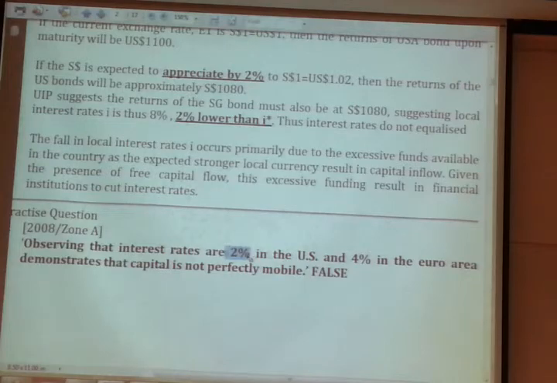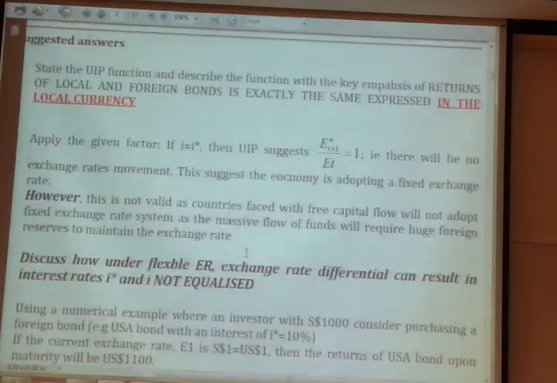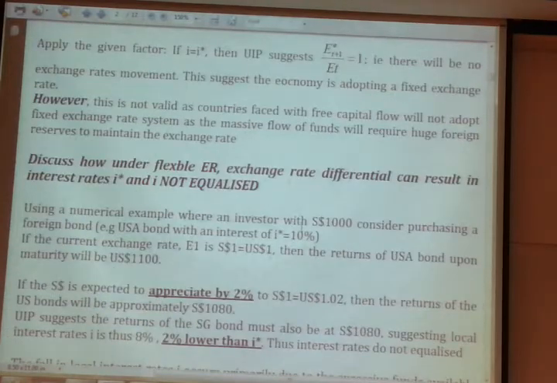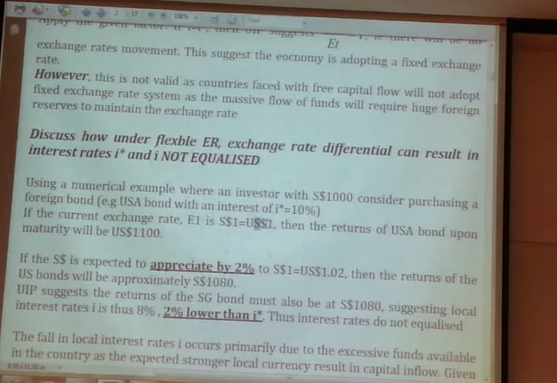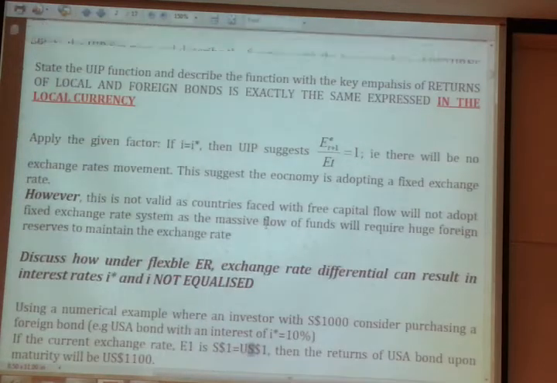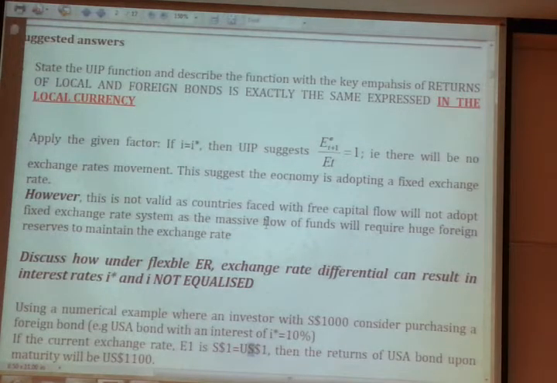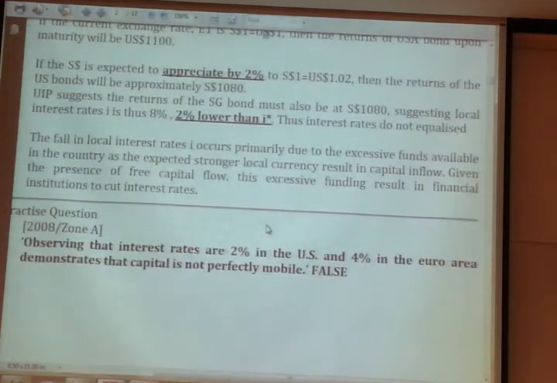And when you use your numerical example, it can no longer be Singapore 1000. You probably have to use US 1000, and you must convert it to Euro. So in this case, when no countries and no interest rates are given, it's much, much easier. But the practice question answer is exactly the same.